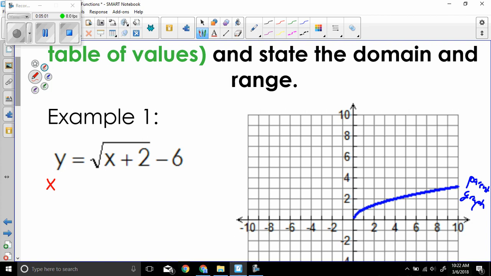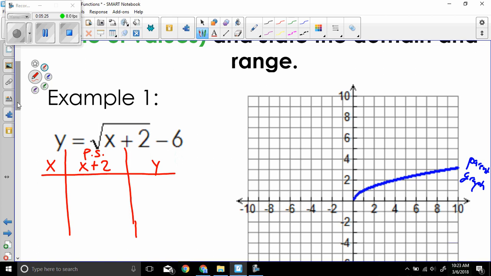But there are some serious issues with this XY table. What I want to do with the X is pick X's that are going to make X plus 2 perfect squares. And then, of course, I want to find out whatever the y is.